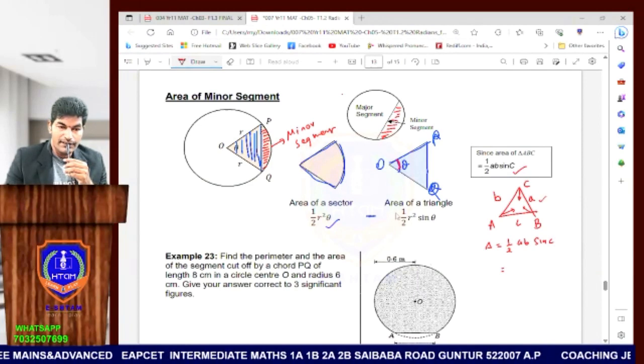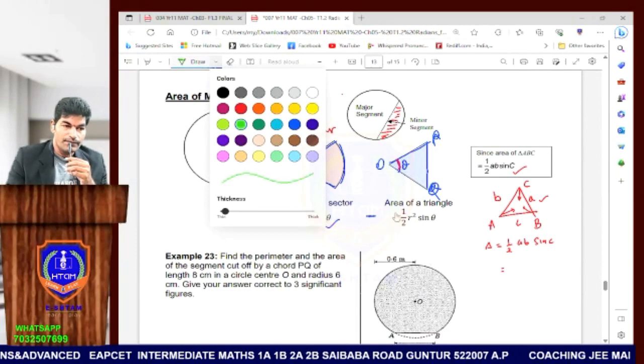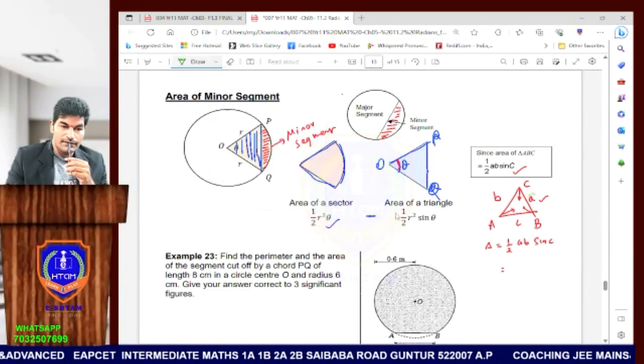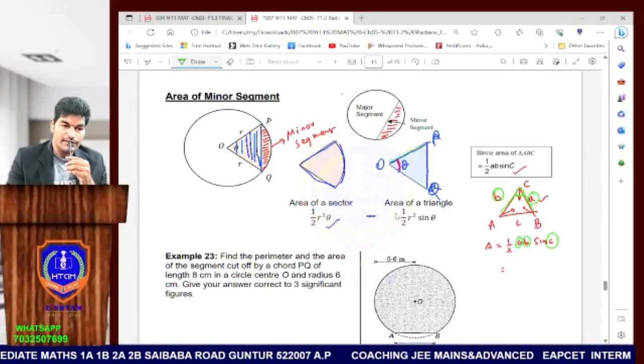What this formula says is that a and b are the adjacent sides with the inclined angle C between them. If you multiply the adjacent sides together along with the sine of the inclined angle, it gives you the area of the triangle. Now observe this triangle.